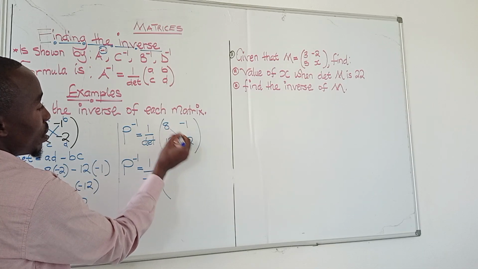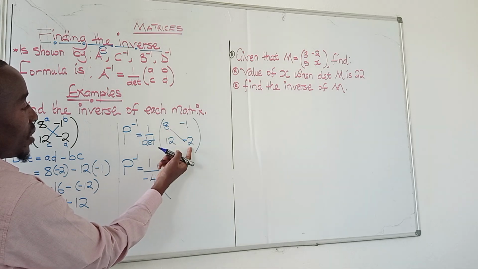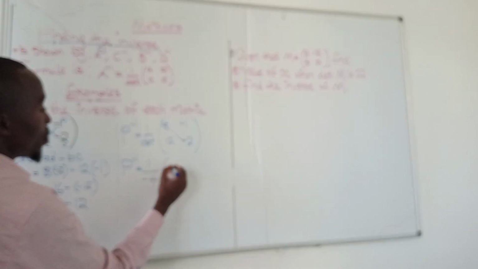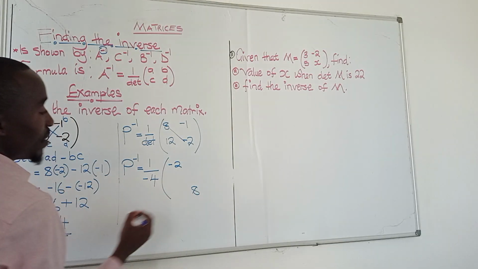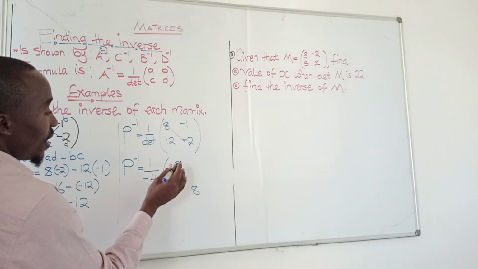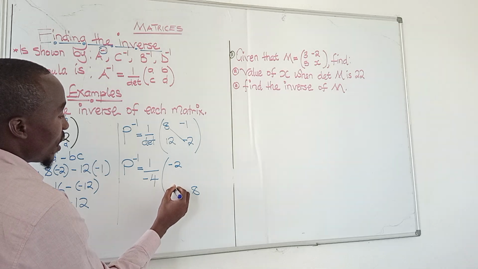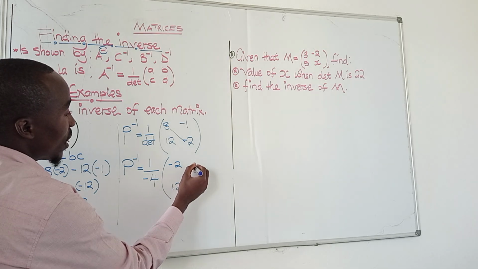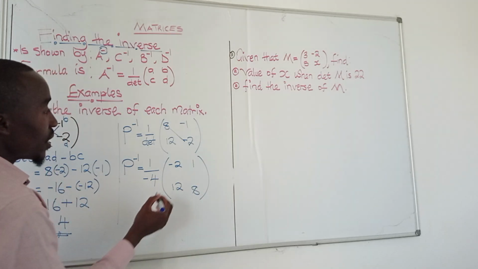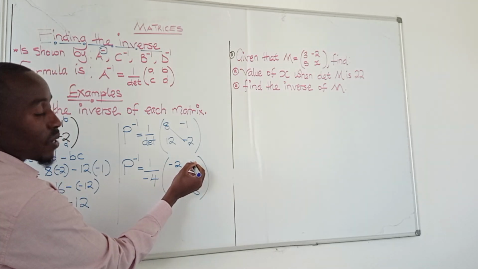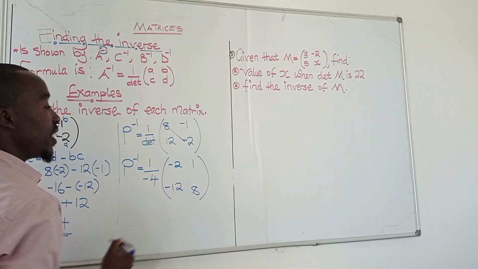These diagonal numbers are going to exchange. So 8 will come here and negative 2 will come there. We'll say negative 2, and there you have negative 8. We have just exchanged these two. Then there we'll have a 12, and there we'll have a 1. This one will no longer be a negative, and this positive 12 will become a negative.